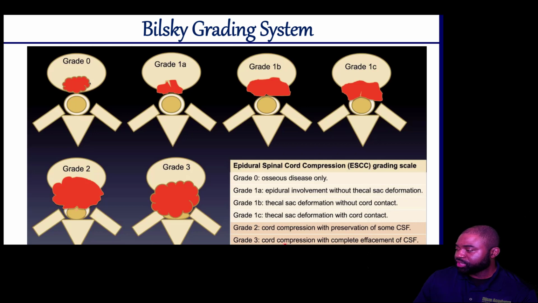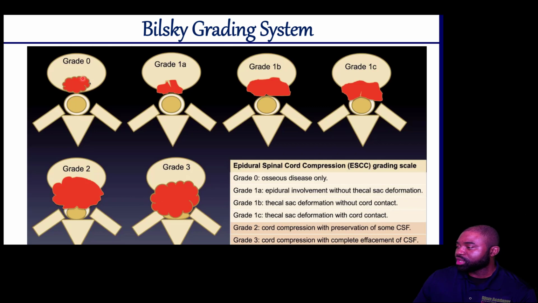But for grade 3, there is essentially no cerebrospinal fluid visible around the cord. Patients with both grade 2 and 3 are recommended for surgery before administering radiation therapy.